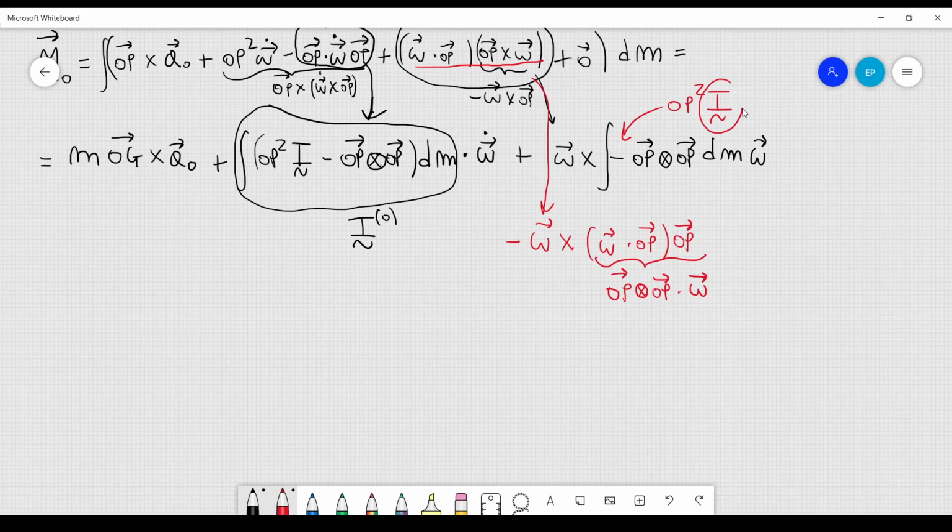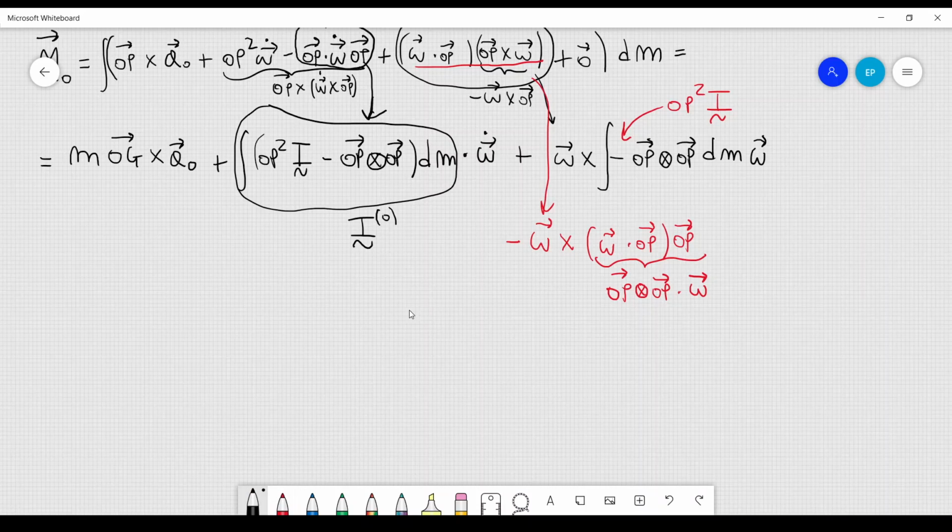When it multiplies omega, you get omega, and OP squared is just a scalar, so it's a vector that's parallel to omega. So when you take the cross product between those two, you will get 0. So I can also add inside the integral this term, and you get the idea, because in this case I will get another inertia tensor.